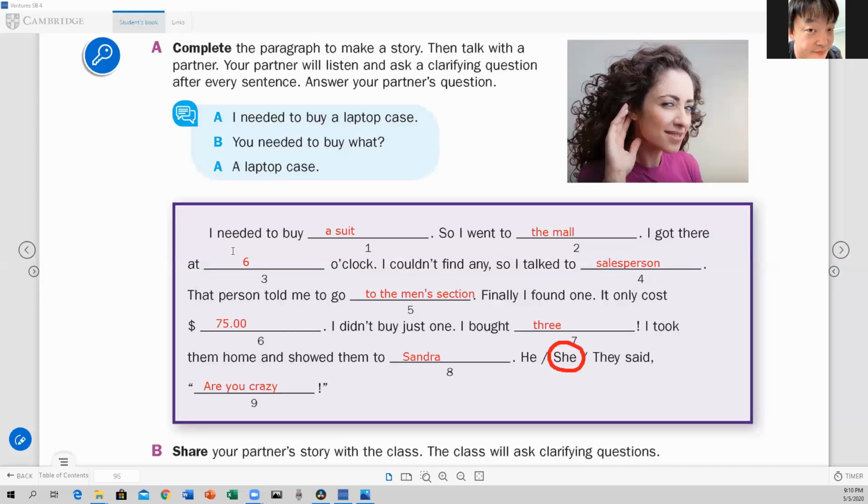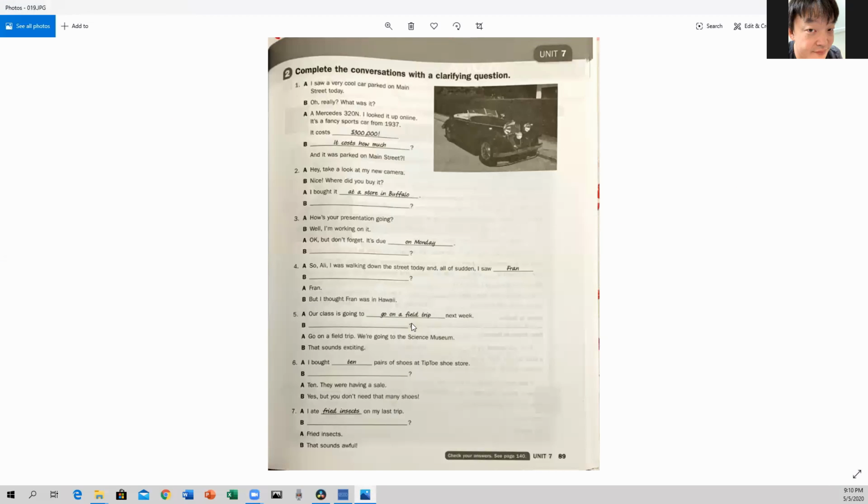So let's go to our workbook. We are on the workbook, page 89, and we have to complete these conversations with clarifying questions, okay?